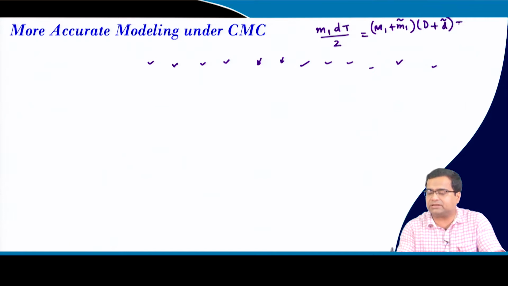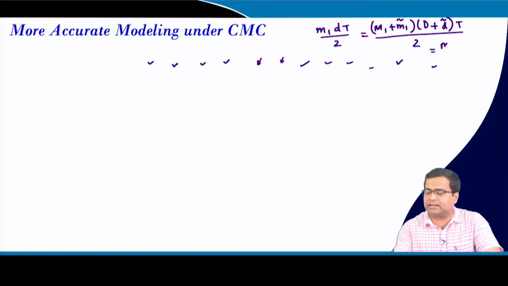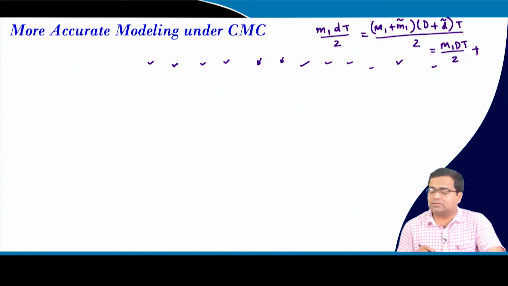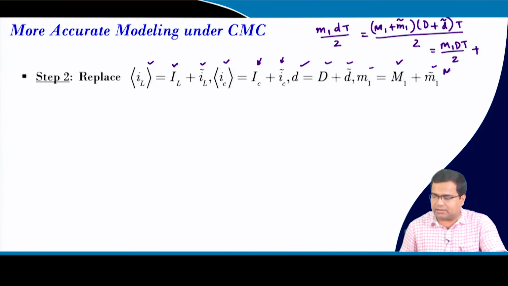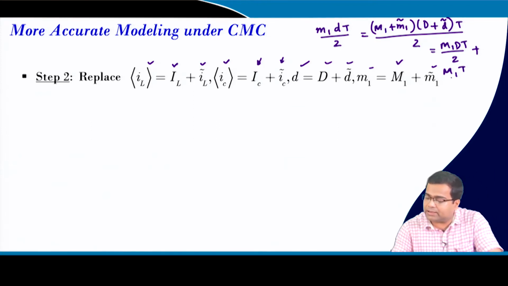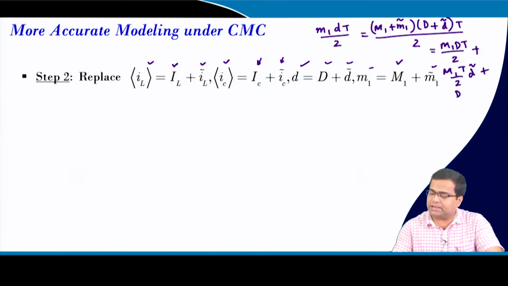D perturbation T by 2, and this can be separated like m1 dt by 2 plus, now there are two terms, one is m1 T by 2 d perturbation plus dt by 2 m1 perturbation.